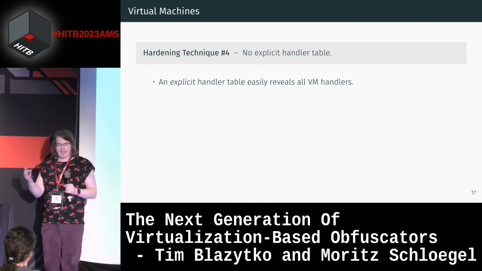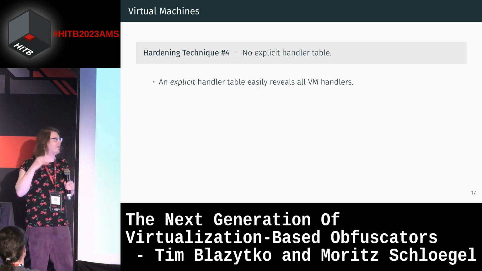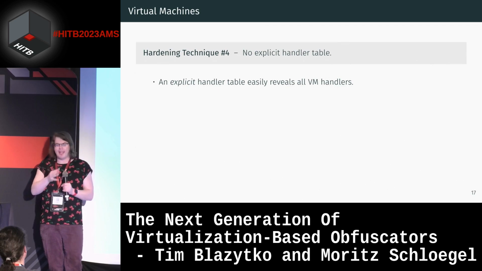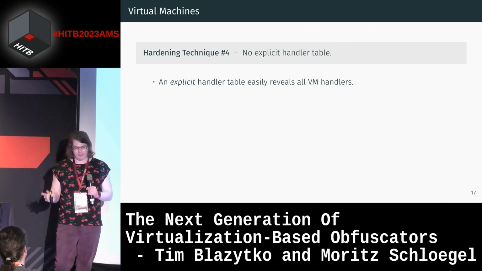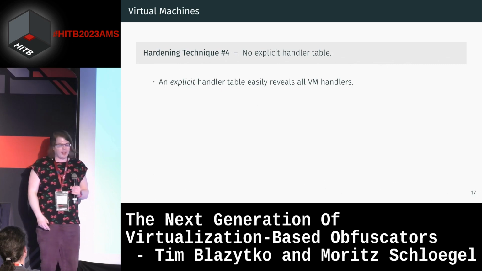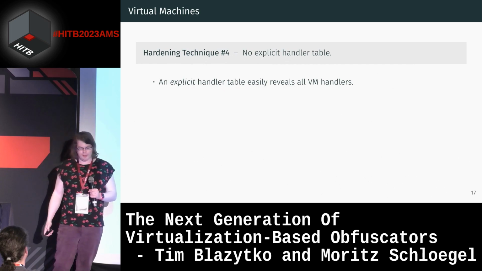And the other technique: now that we omitted the global dispatcher, we still have a global handler table, this data array of function pointers. So what we do to get rid of that is that we basically modify the VM instruction encoding.